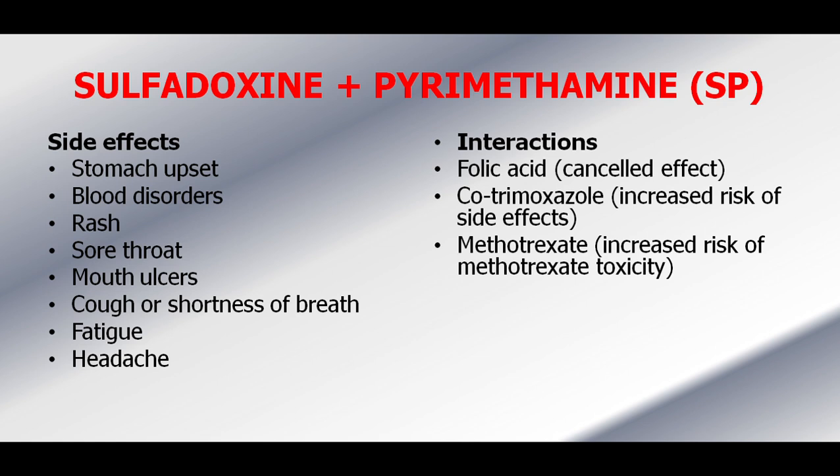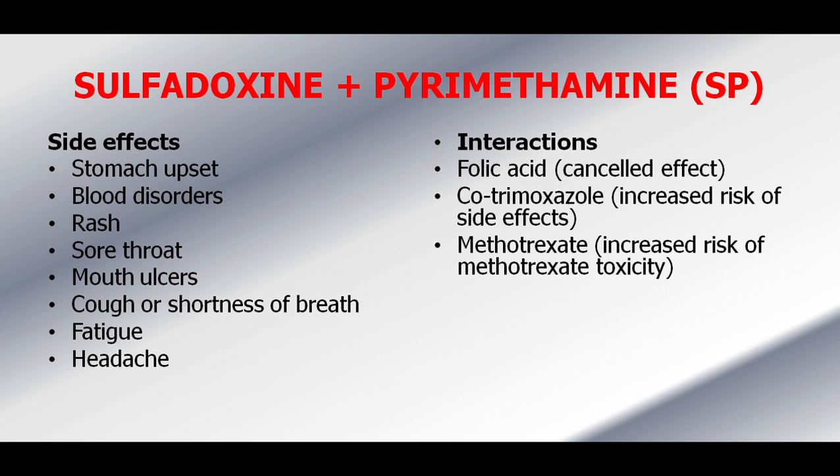So side effects of Fansida, we have stomach upset, blood disorders. Now, these blood disorders are coming because of the antifolate activity of Fansida. Remember, I told you in the mechanism of action, they interfere with folic acid synthesis.